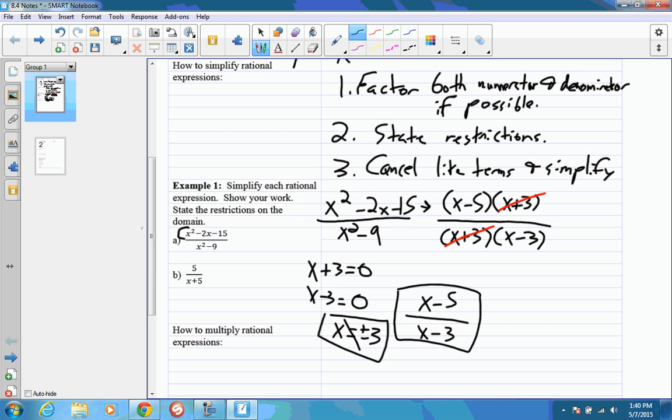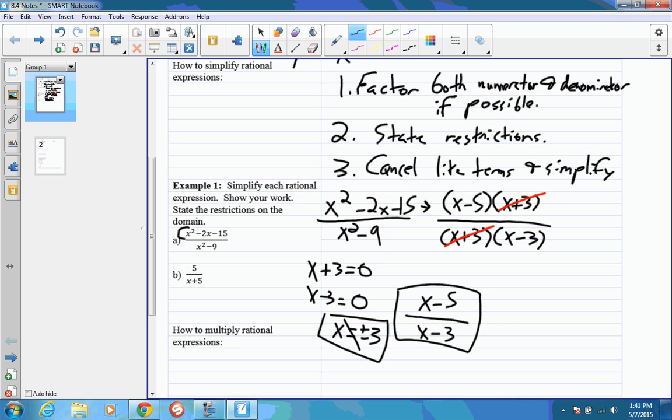No, because they're being added and subtracted. If it was 5x and 3x, I can cancel the x's and it'll be 5 over 3. But if I'm adding or subtracting, those do not cancel. So for the top, let's say I did positive 5. If I do positive 5, do I get 0 in the bottom anymore?